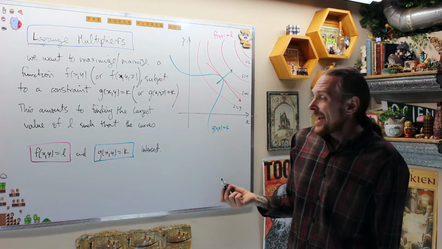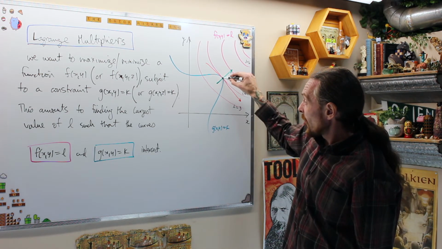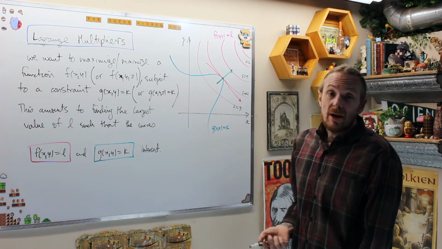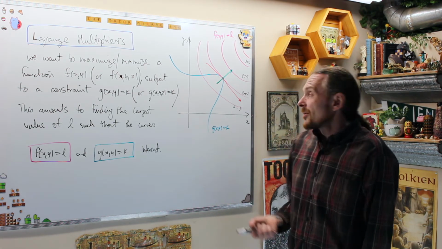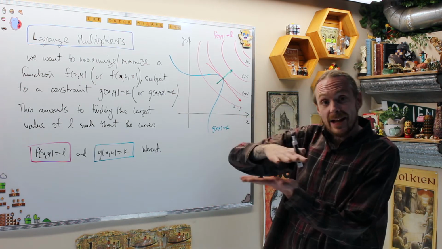What that's going to say now is that at that point, f and g share a common tangent line and therefore a common normal line. In this case it's one dimension lower, but in the higher dimension it would be the tangent planes.